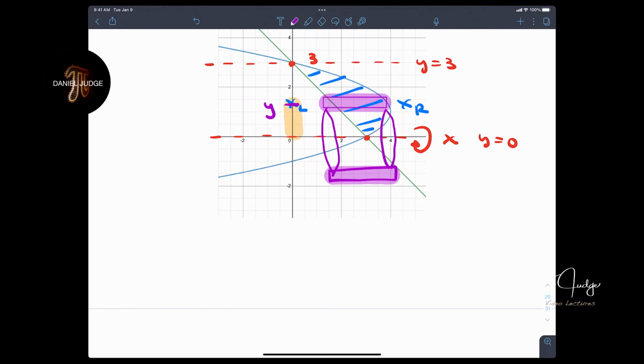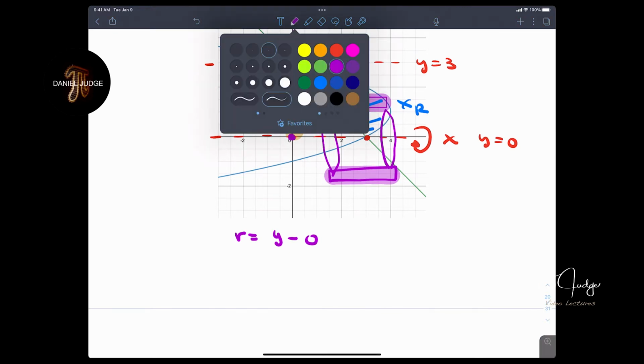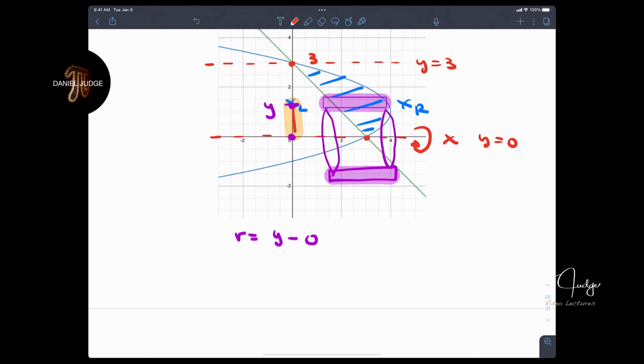Again, a vertical distance. Vertical is the top value minus the bottom. We're going to let this distance be y, and that's 0. This is where the radius would be, right? This is a radius value for this cylindrical shell, so it's going to be simply y. So the radius here is y.